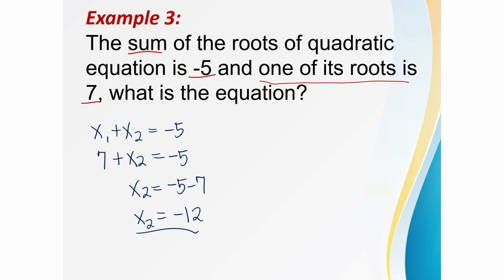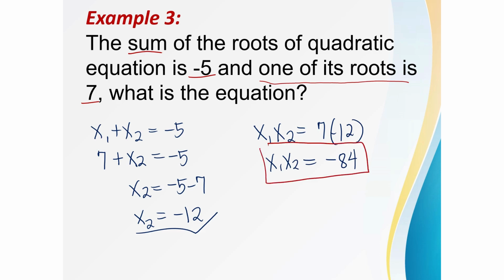So, meron ng x sub 2 at meron ng x sub 1. We can now find the product. X sub 1 times x sub 2 is equal to 7 times negative 12. So, that is equal to negative 84. Meron ng product of the roots, x sub 1 times x sub 2 is equal to negative 84.